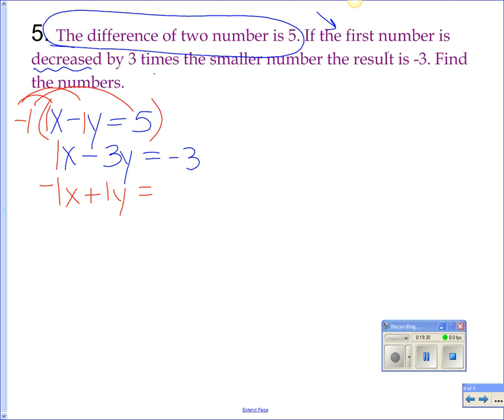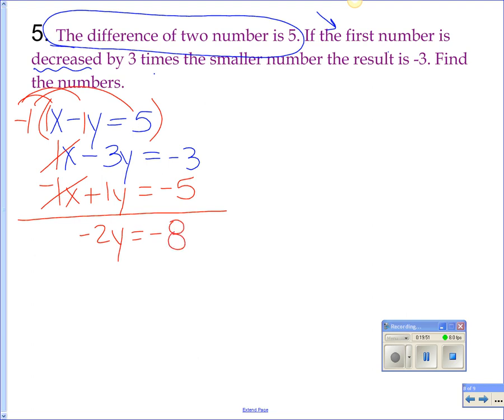Negative or positive 5? Negative times a positive. Negative. Okay? All right. Ethan G., what happens here? And so I get -2y equals -8.